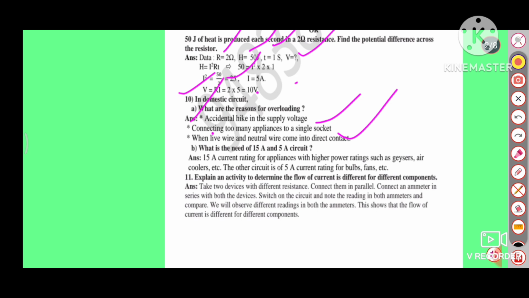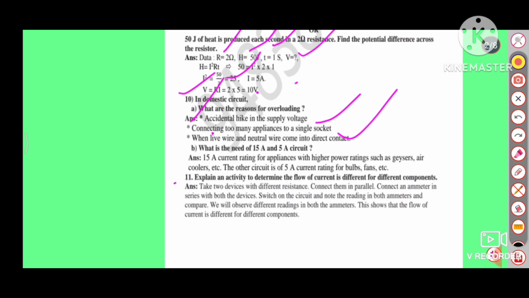Next: what is the need of 15 ampere and 5 ampere circuit? The 15 ampere circuit is for appliances with higher power rating such as geyser, air coolers, etc. The other circuit is of 5 ampere circuit rating for bulbs, fans, etc.